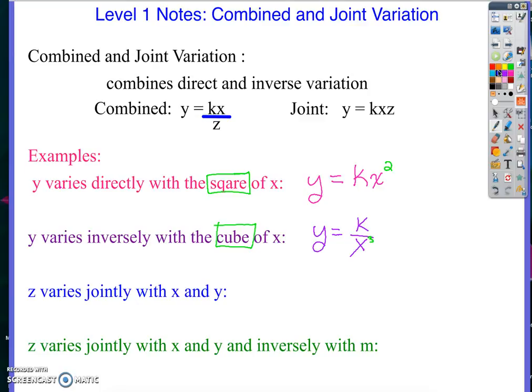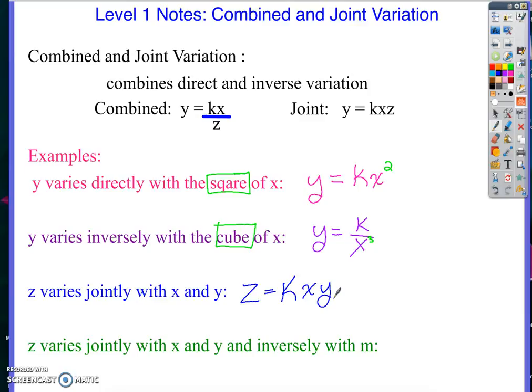Next, z varies jointly with x and y. So jointly means we're going to combine together using multiplication. So we have z equals k times x, y. And that would be your formula.